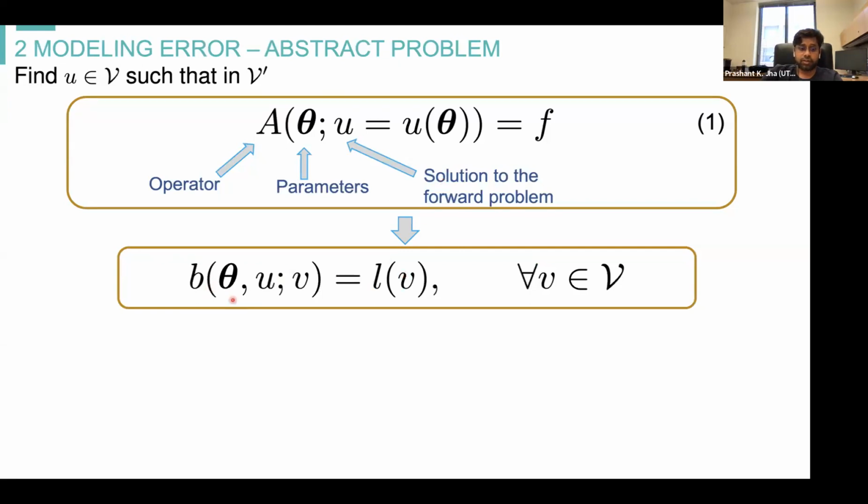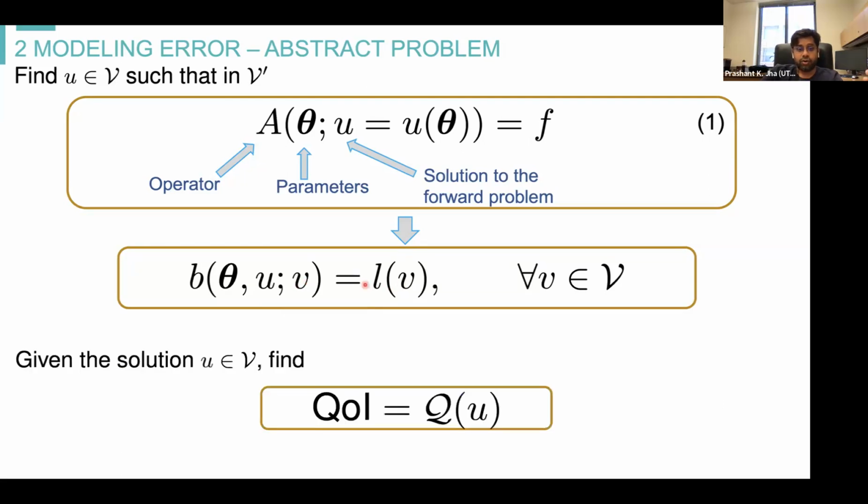So you have some semilinear form B, which depends on the model parameter theta. It can be nonlinear in U, and then there is a test function V, and there is a linear form L. Now the goal of this problem is ultimately to compute a quantity of interest, QOI, right? So there is a functional Q, and given a solution of this problem, we want to evaluate that functional Q, okay?